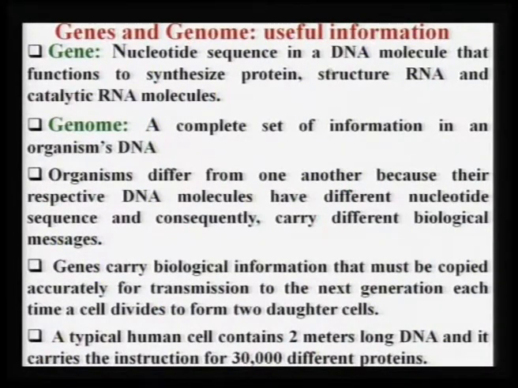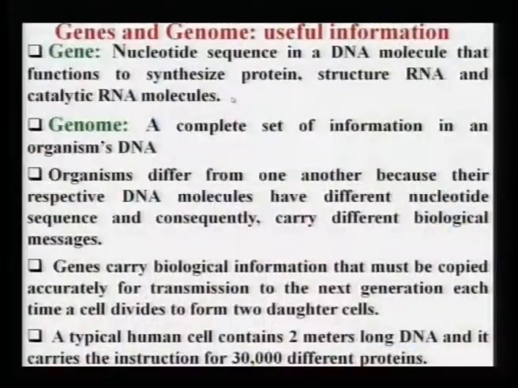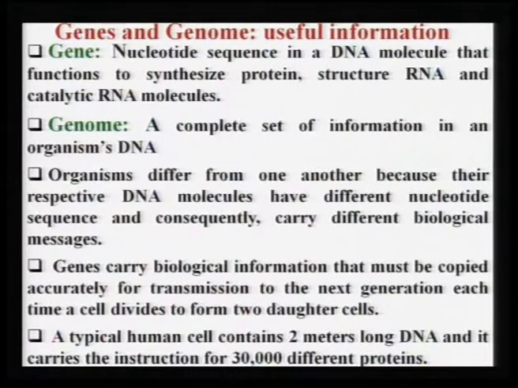It is a nucleotide sequence in a DNA molecule that functions to synthesize protein, structure RNA and catalytic RNA molecules. What is the function of DNA? DNA's function is to synthesize protein, and how this protein is synthesized I will come to a little later. That is via formation of RNA, and then from RNA the protein is synthesized. Structure RNA and catalytic RNA are different types of RNA molecules.